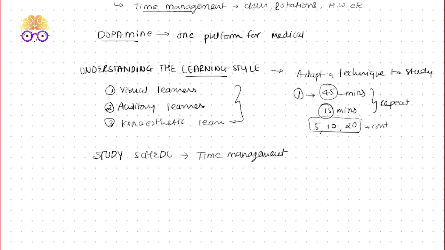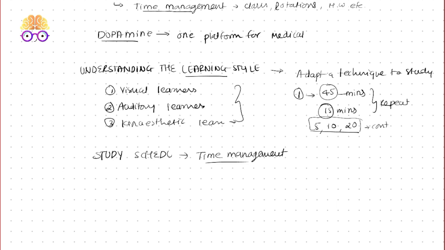It involves prioritizing your tasks, setting deadlines, and allocating specific time blocks for different subjects. By managing time efficiently, students can reduce stress, improve focus, and enhance overall productivity. At the end, a well structured schedule ensures adequate time for studies, rest, and extracurricular activities, leading to better work life balance and improved academic performance.